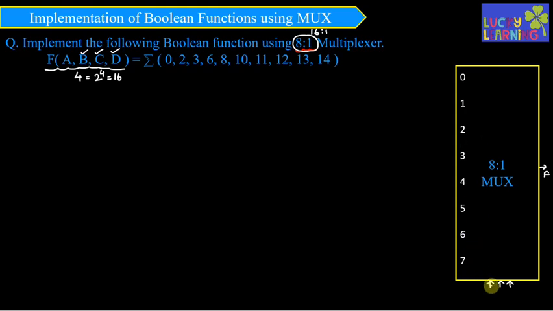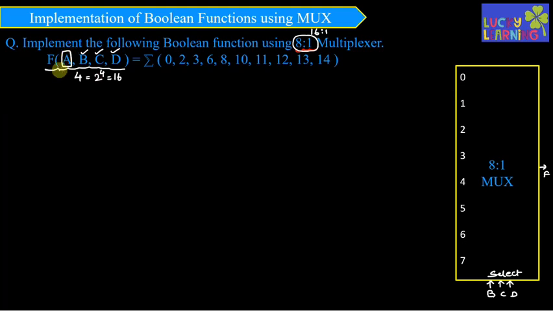So how many selection lines should be there? 3 selection lines. The 3 selection lines will be the select inputs B, C, D, and these are the least significant bits of the function. Now, the data inputs are to be determined with respect to A.